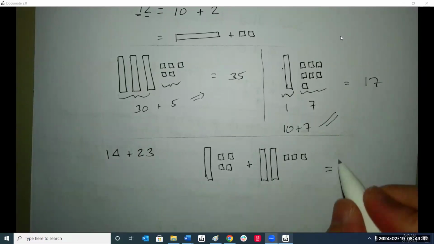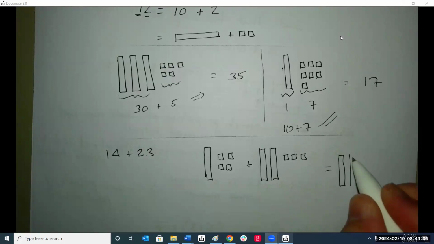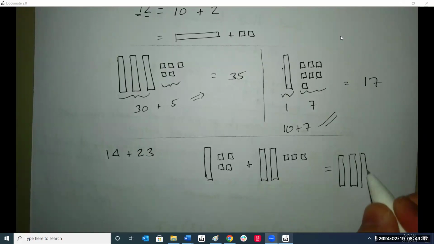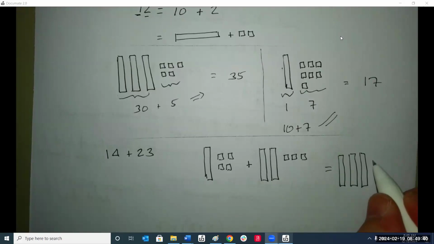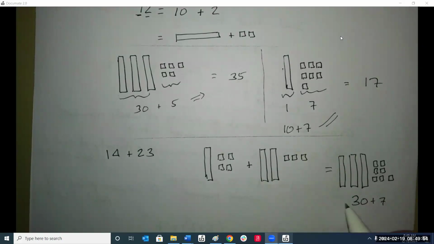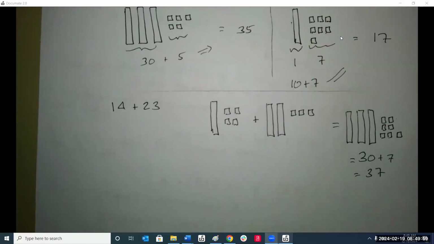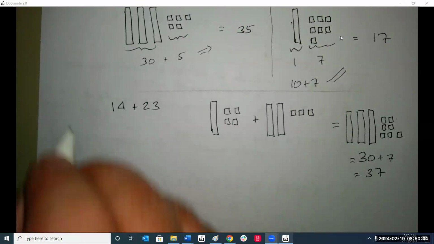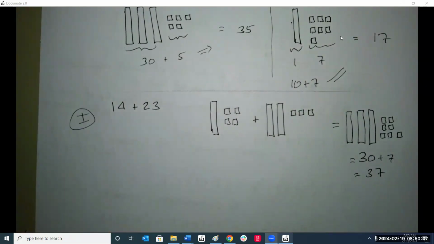If we put them together, we'll have 3 long blocks, and there's 4 from the first one and 3 from the second. So that's 30 plus 7 equals 37. We haven't got to the carryovers yet. This is method 1, the construction method, you could say.